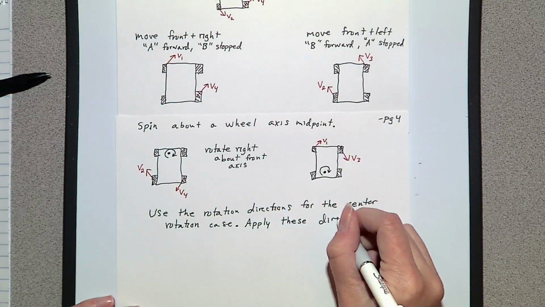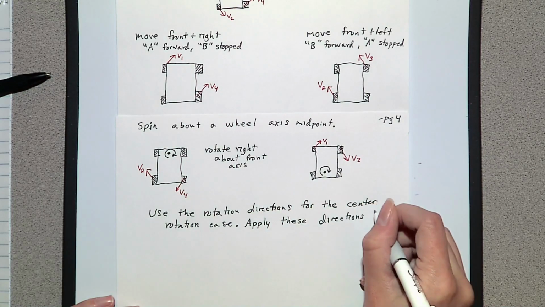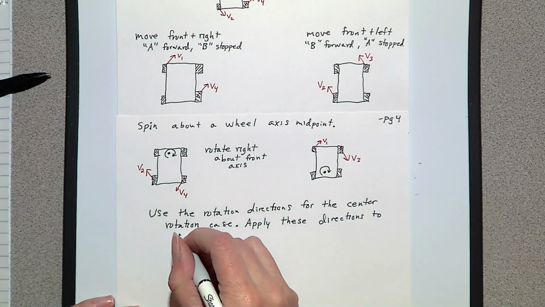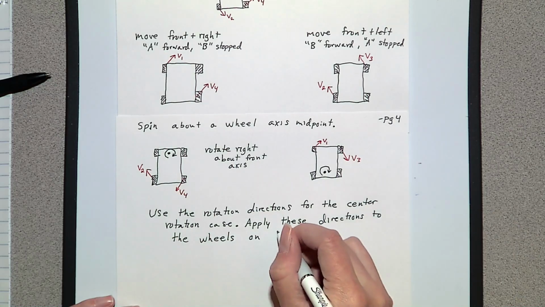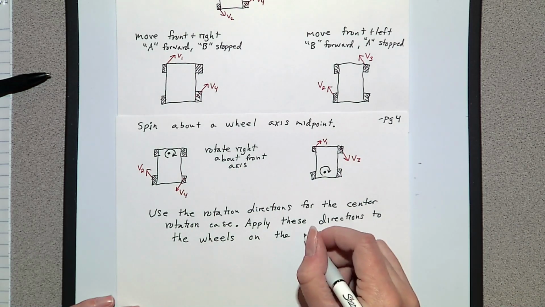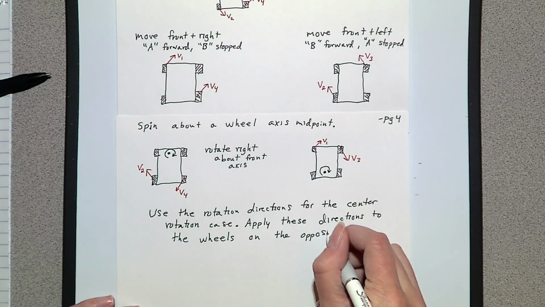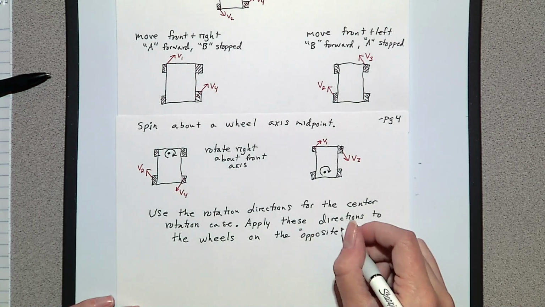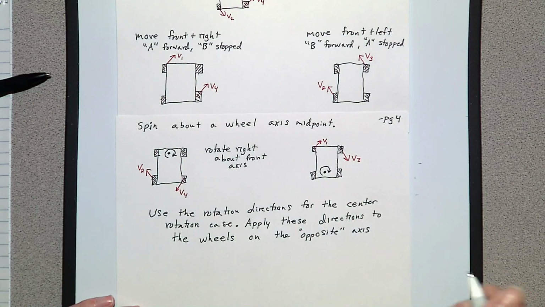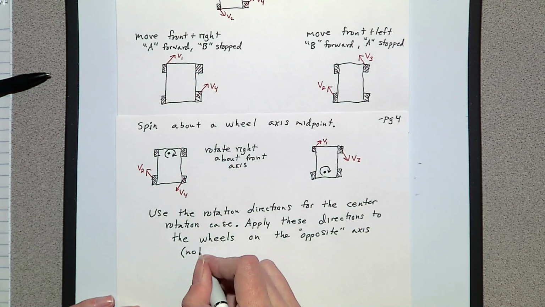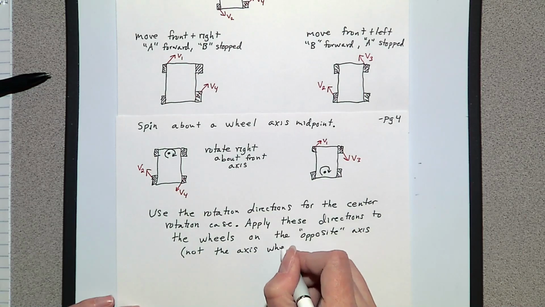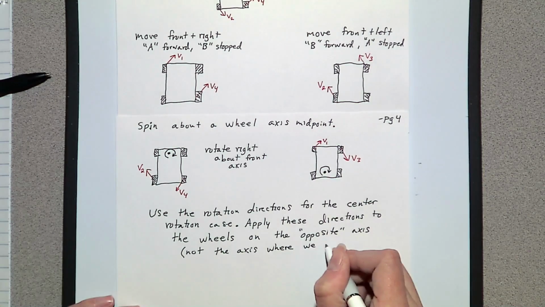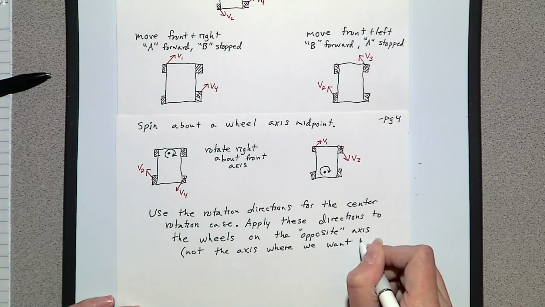And we apply these directions to the wheels on the, as I'll say, the opposite axis. So not the axis where we want to rotate.